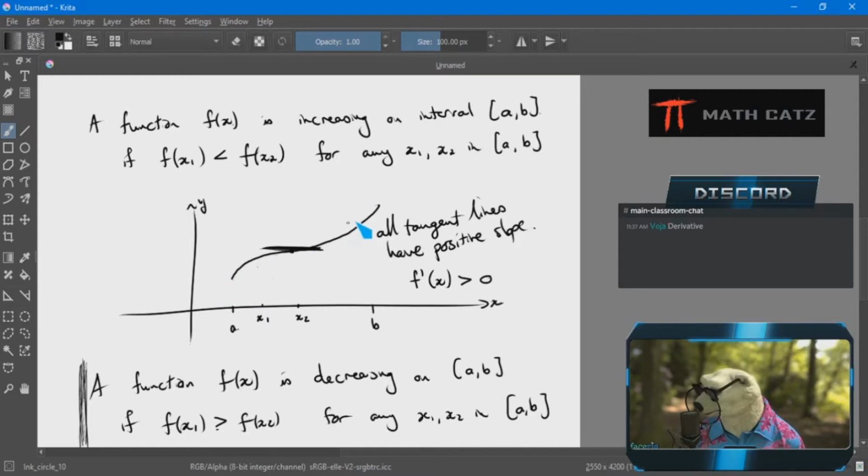This graph is still increasing throughout. Because if I compare any 2 points, it could be this flat one, it is going up. If I compare anything on either side, it is going up. Everywhere, comparing 2 points, they're still going up. So technically, this has to be a greater than or equal. Technically.